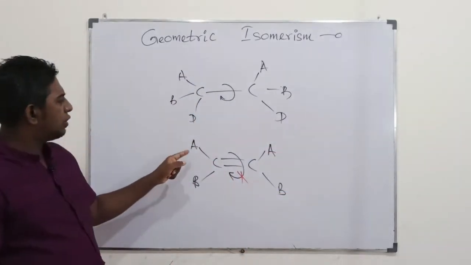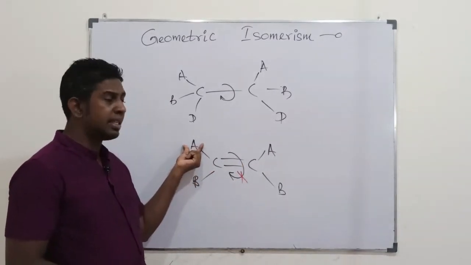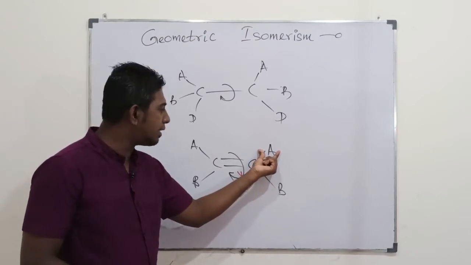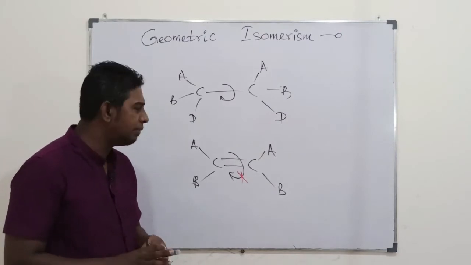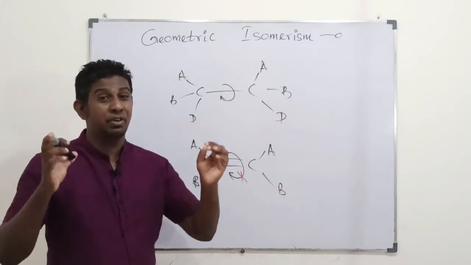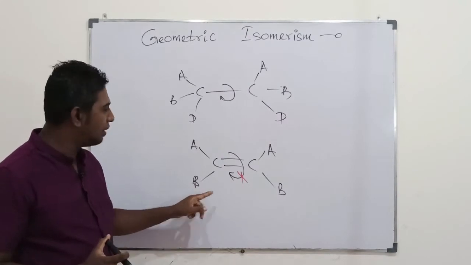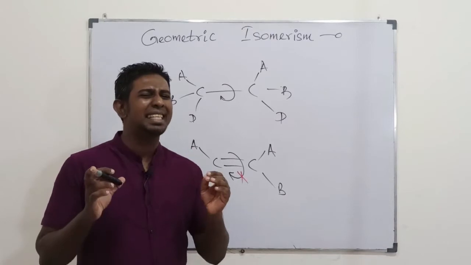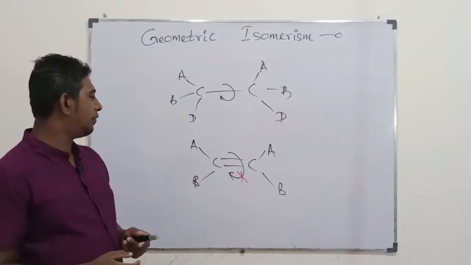They are not supposed to be the same. If this is A, it's not a must for the other to be A. Anyway, in my example, I have taken it in that manner. So, when you have a carbon-carbon double bond hindering the free rotation, and on each carbon you have two different groups, then students, you have a chance to get two different compounds.